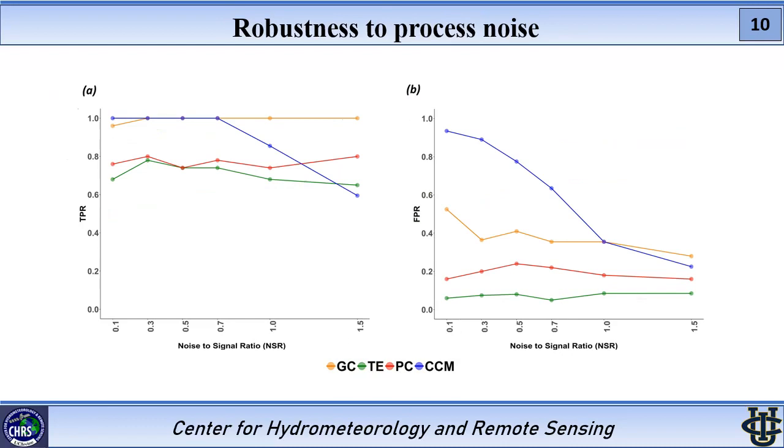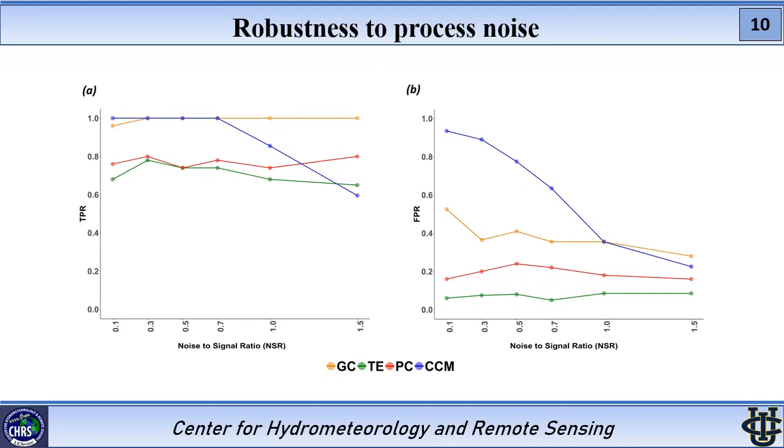And then for the process noise, we add process noise to the model equations in the form of Gaussian white noise. Here on the x-axis, you see the noise level expressed as noise-to-signal ratio. Again, the y-axis on the left shows the true positive rates, and on the right-hand side the false positive rates. What you can see here is that the three methods, Granger causality, transfer entropy, and PC, are less sensitive to changes in process noise, which is expected because these methods are based on assumptions of stochastic processes.